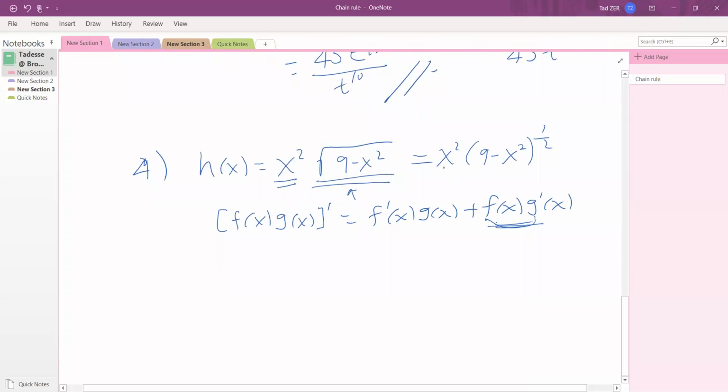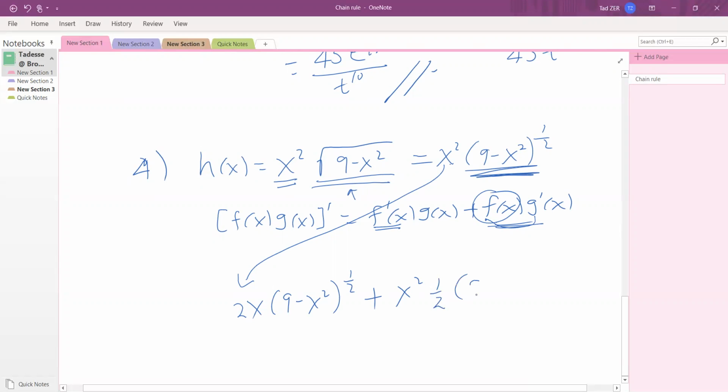So let's go here. What is the derivative of x squared? 2x, right? Times the second. The second is 9 minus x squared to the power of 1/2, plus the first, which is x squared, times the derivative of the second. What is the derivative of the second?